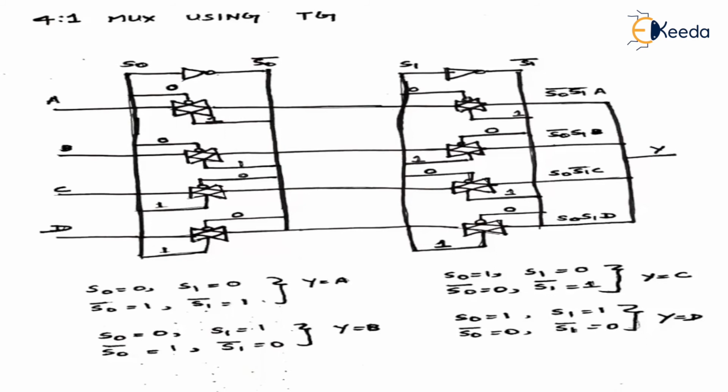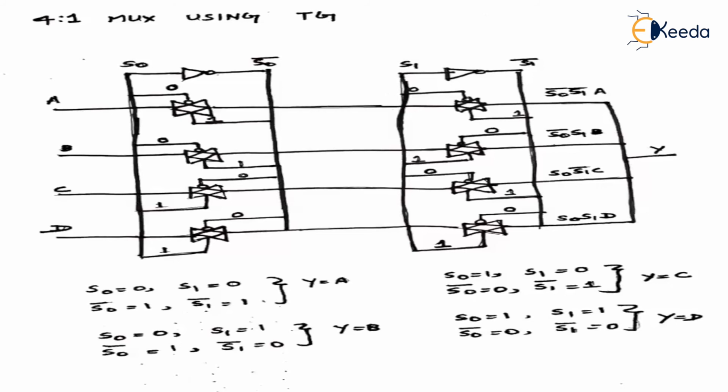Now see how this is going to work for the particular combination 0 and 0. What data do I have to pass? A. So A is written over here, and on the top left, I have drawn A. Now A is the data to be passed, and that will be passed to the output Y when both S0 and S1 are 0.